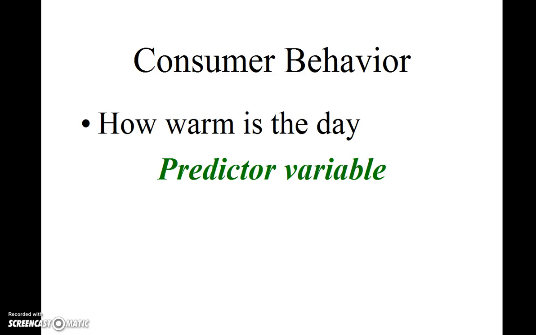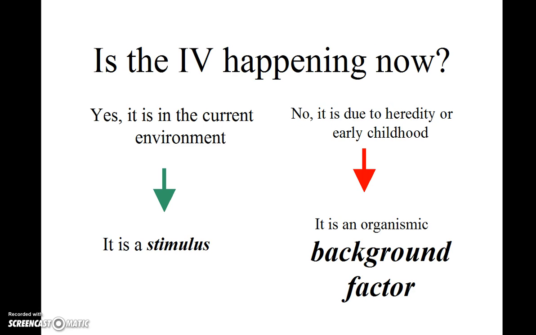Now, how warm the day is something we can measure right now. And it's not a choice of the subject, it's something that happens to the subjects in their environment. So it would be an independent variable, and in this case, being used as a predictor variable of the outcome, how much beer they end up consuming.